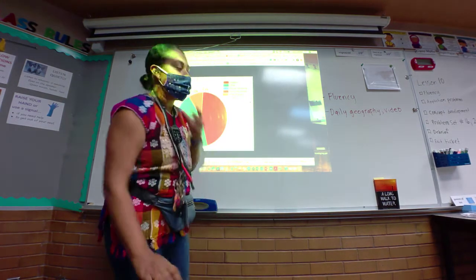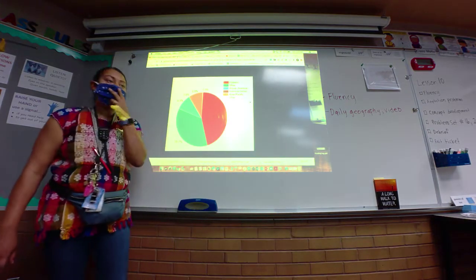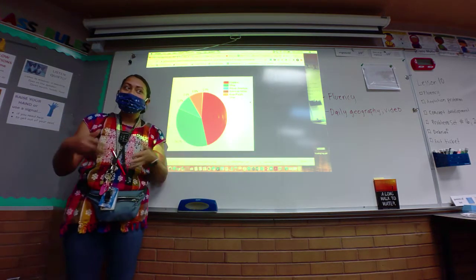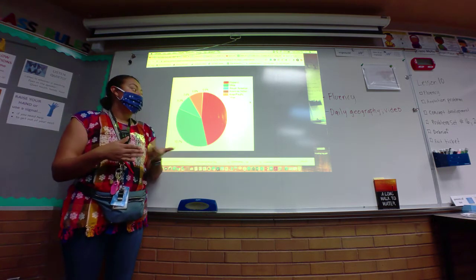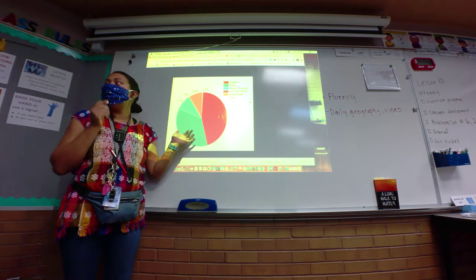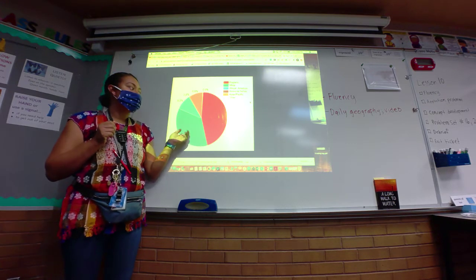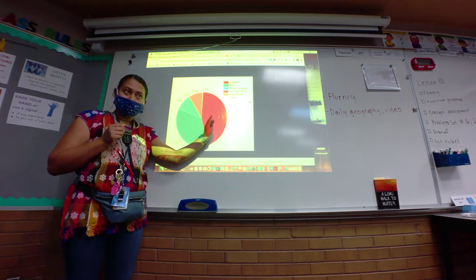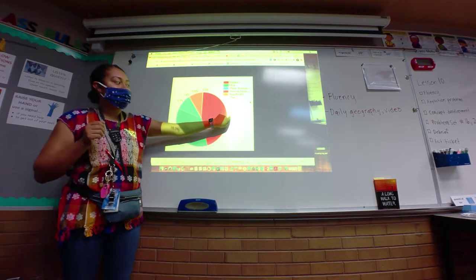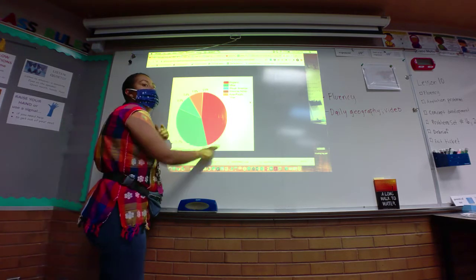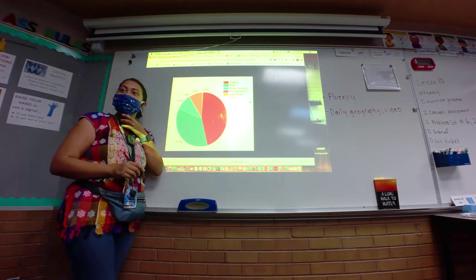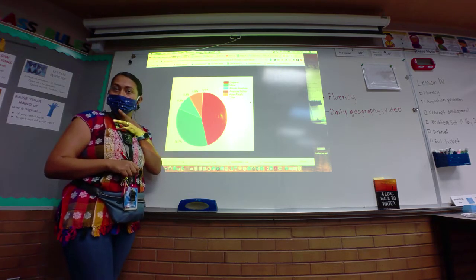Okay, so here is a pie graph. Pie graphs will always have slices, kind of like it's a whole pie and you slice it and everybody eats a piece. But this is going to show numbers, okay? So each slice is a different color. Each slice has the percentage next to it. So one whole pie would be 100%, okay?